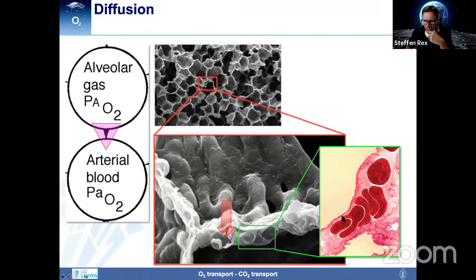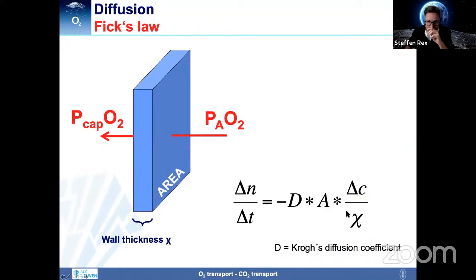And all the structure is designed to make the distance between the gas in the alveoli and the erythrocytes as small as possible. The diffusion is also very easy to grasp if you take this mathematical description of diffusion into account.